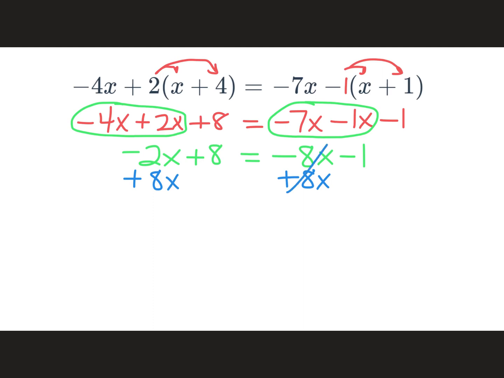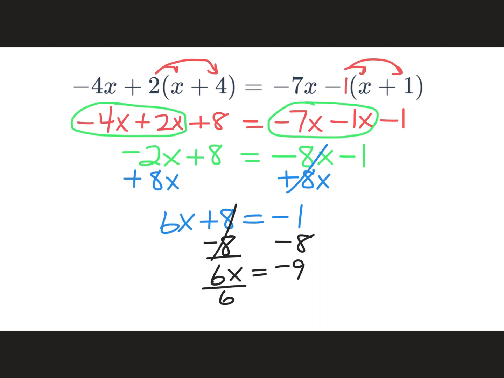And over here, I'm going to have, it looks like a 6x plus 8 equals, and on this side, a -1. Okay, let's finish this. -8, -8. And I'll have 6x equals -9 divided by 6 divided by 6. And it looks like my x is going to equal -9/6, which is the same thing as just -1.5.